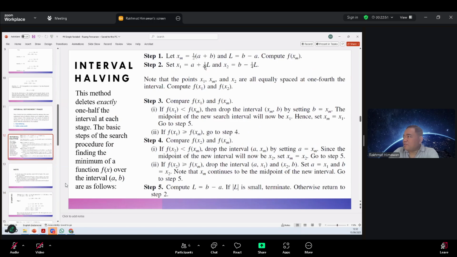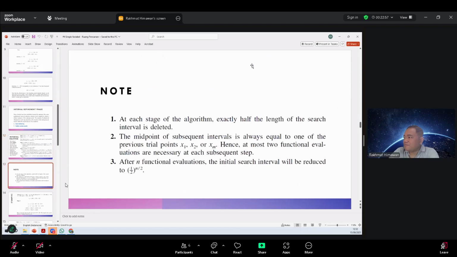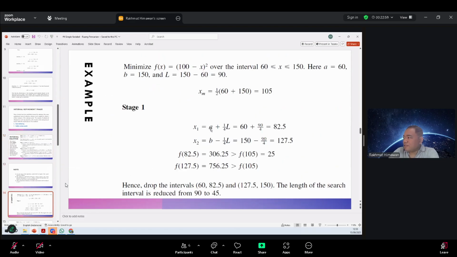Step 2: x1 is A plus a quarter of L, and x2 is B minus a quarter of L. x1 is 60 plus 90 divided by 4, and we got 82.5. x2 is B minus a quarter of L, or 150 minus 90 divided by 4.